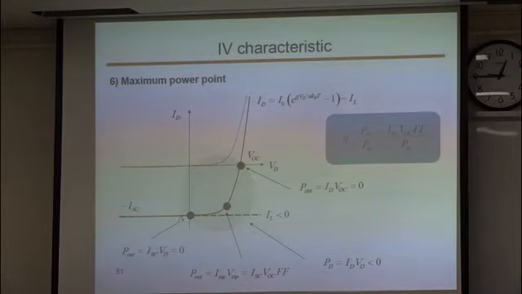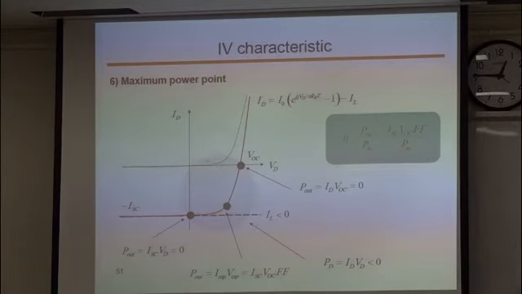On the other hand, if we look at the y-axis, there is the ISC, which is the short circuit current or short circuit current density. This is the current density when the voltage is 0. And the third point will be somewhere between these, depending on the square that we can make.